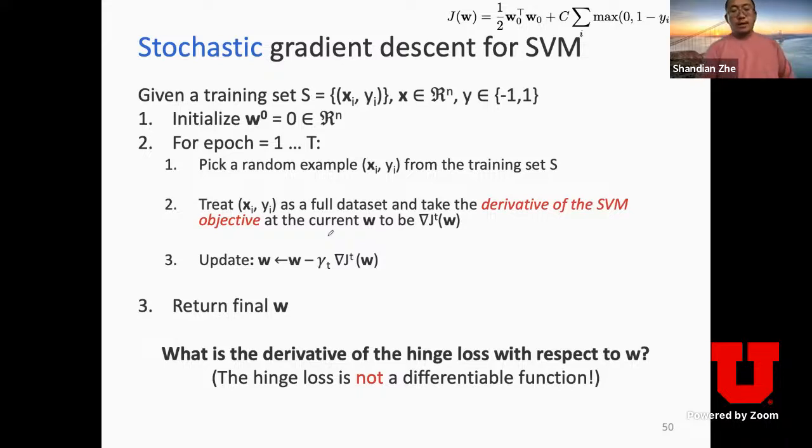The issue comes from here: even if you construct a stochastic loss by randomly selecting one example, you will find that the hinge loss is actually not differentiable. There's no derivative for the hinge loss, especially at the turning point. So then how do we update the model?